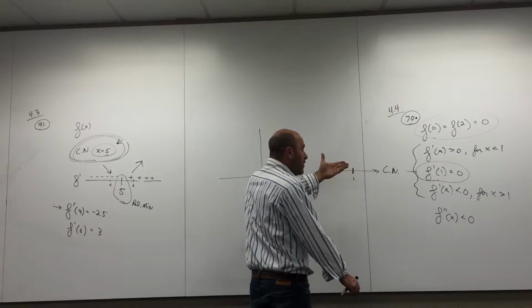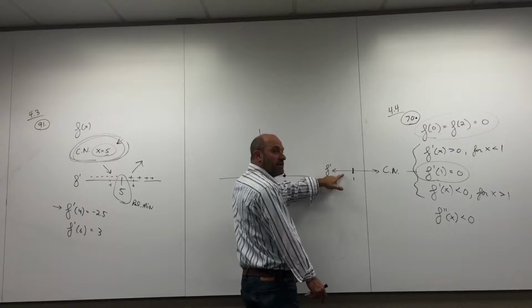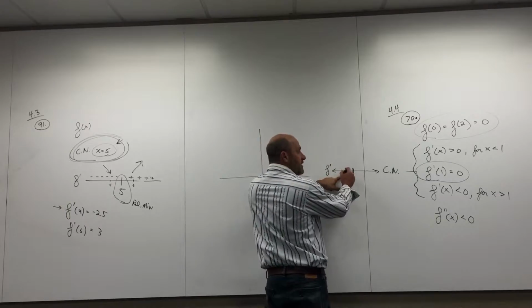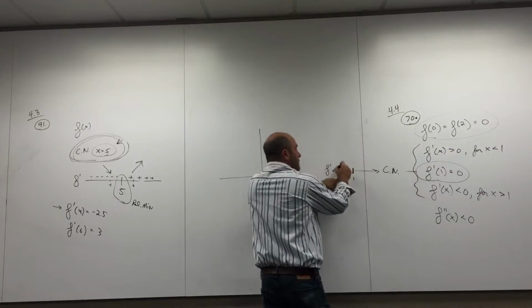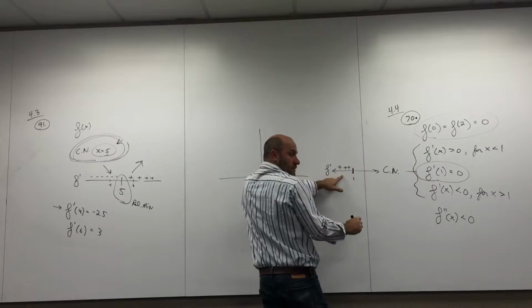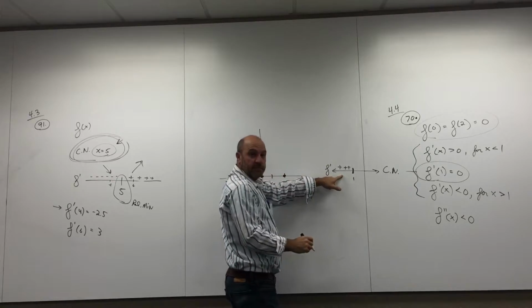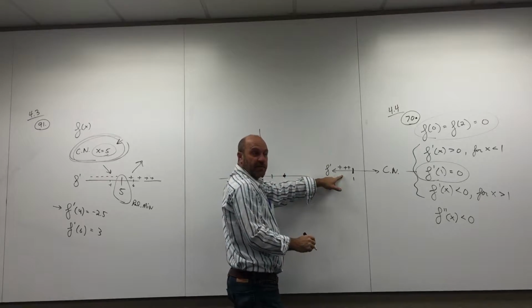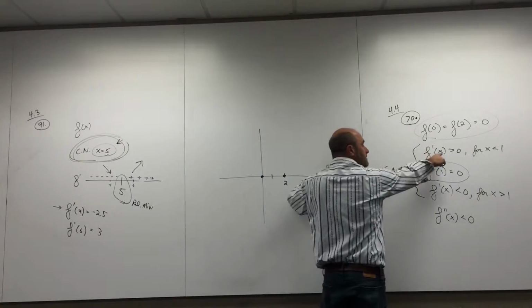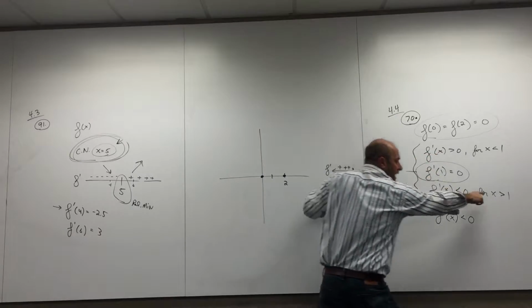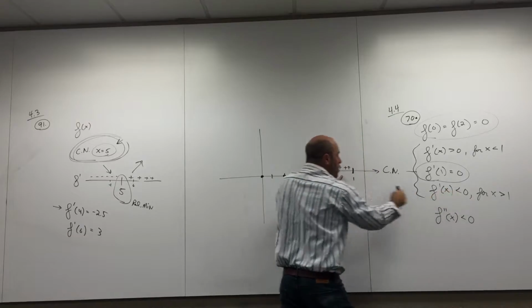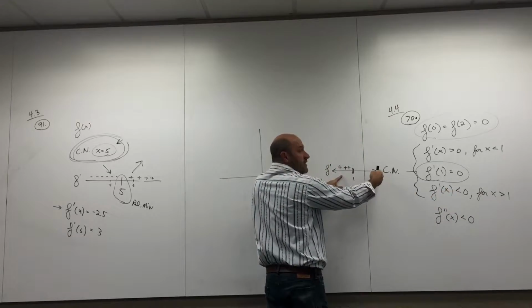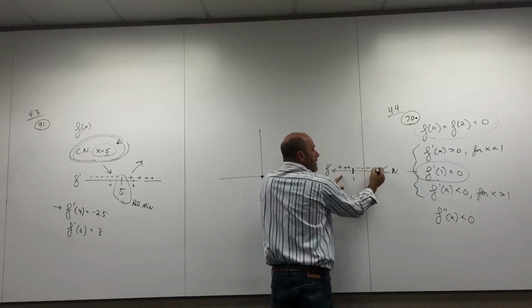So, when x is less than 1, the derivative is positive? That's what that says. And this says, when x is greater than 1, the derivative is negative.